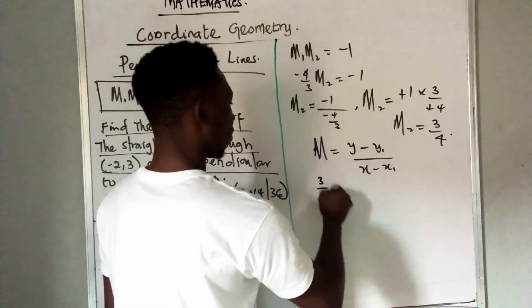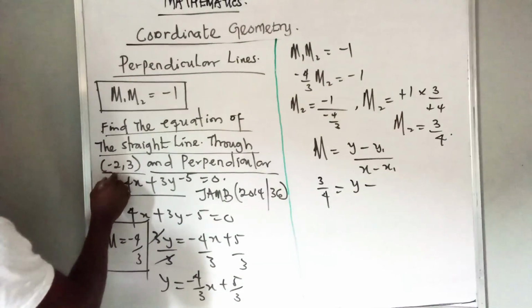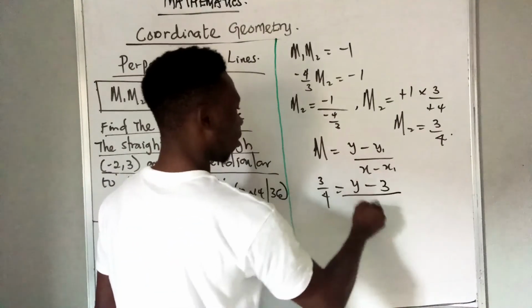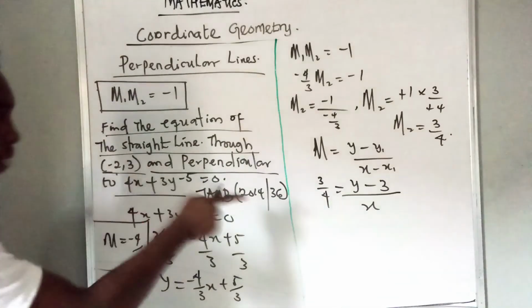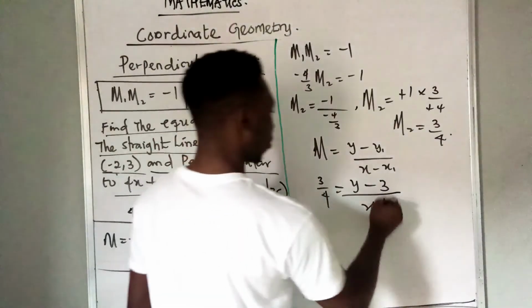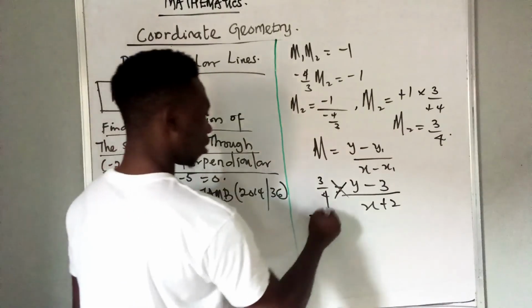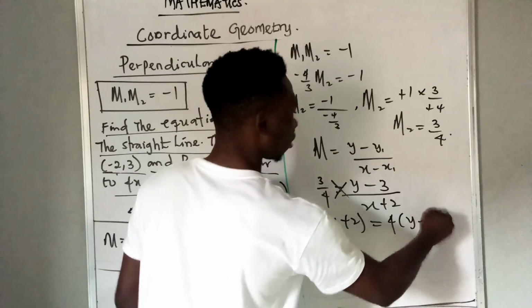That is 3 over 4 is equal to y minus y1, don't forget we have 2 points, x and y. Y minus 3 over x minus minus 2. This is having minus, so minus there and this minus gives us plus 2. So at this junction, we cross multiply. So this is 3 open bracket x plus 2 is equal to 4 open bracket y minus 3.